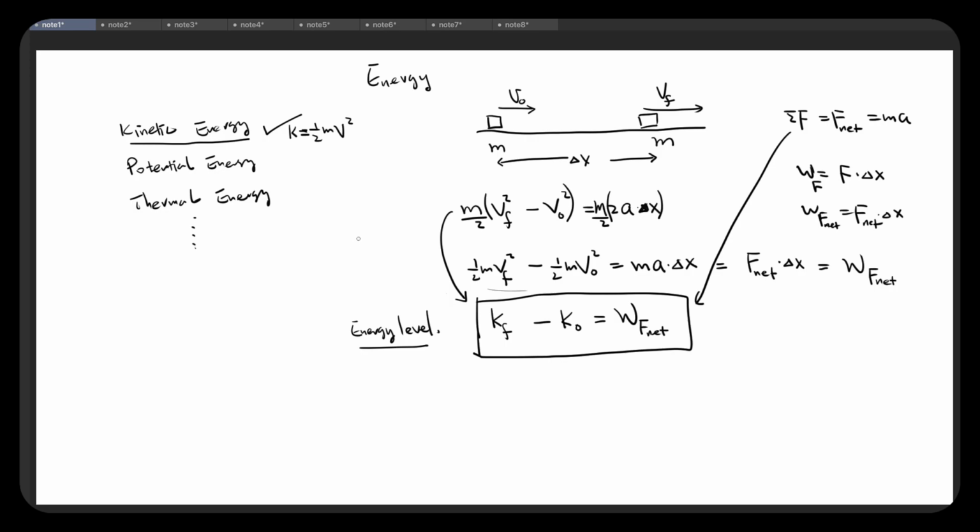So for example, you can use kinematic equations, and you can use energy conservation. And usually, energy conservation is preferred because you look at the same problem from a different level, I would say a higher level. So it will simplify your calculation. Okay, so now let's talk about the kinetic energy.